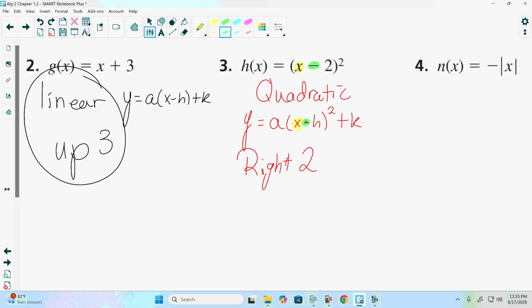The general form is also negative, which means h has to be 2, positive 2. We don't take a sign with it. It's just 2. The x and minus already match the general form, so h has to be positive 2, which means we move right 2. That's kind of why it's the opposite of what we think. That minus in the middle throws it the other direction.